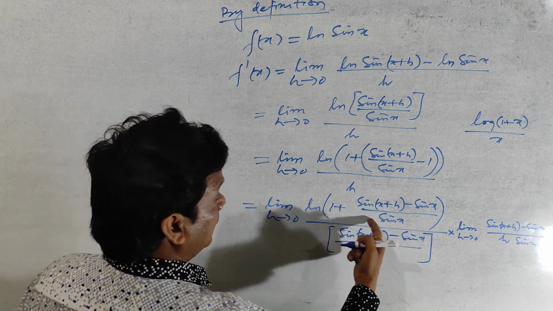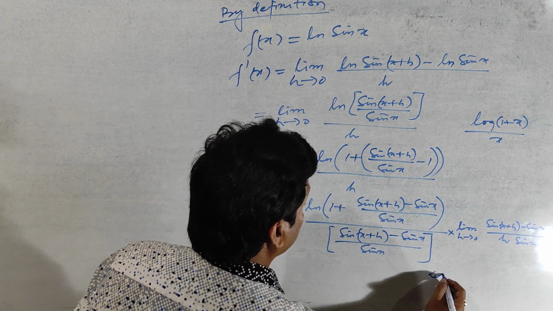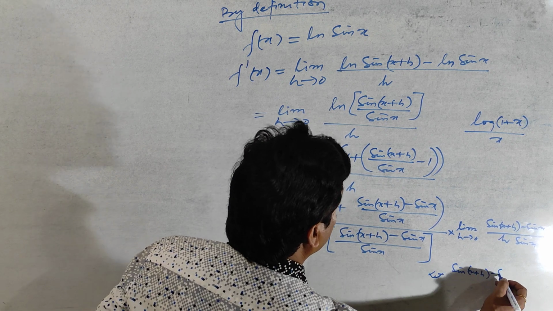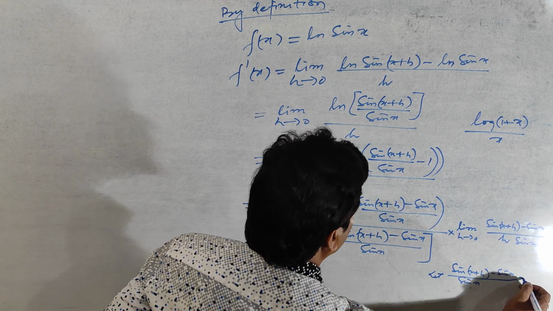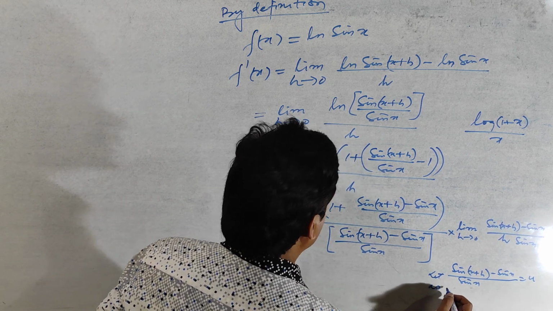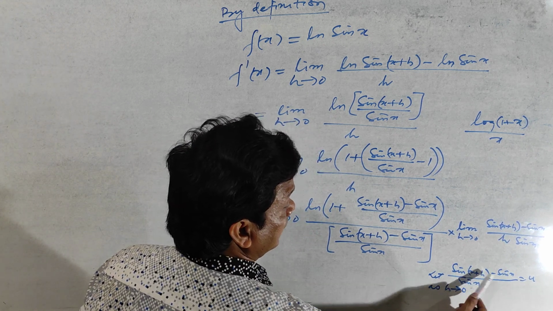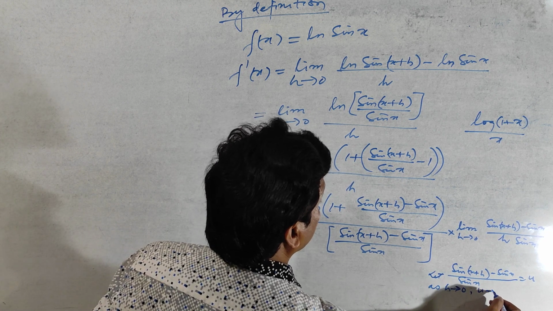See here, I am taking this term as u. So let sin x plus h minus sin x divided by sin x be equal to u. So as h tends to 0, see here what happens? H is equal to 0 means sin x minus sin x is 0, 0 by sin x. So u tends to 0.